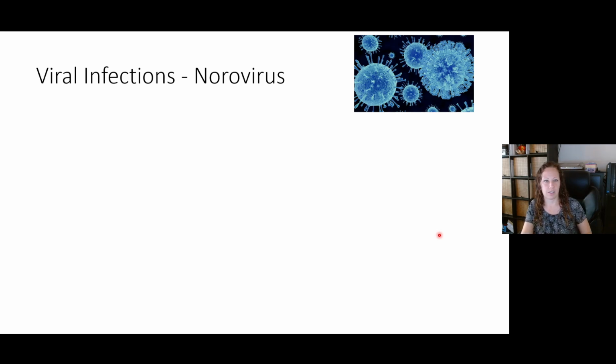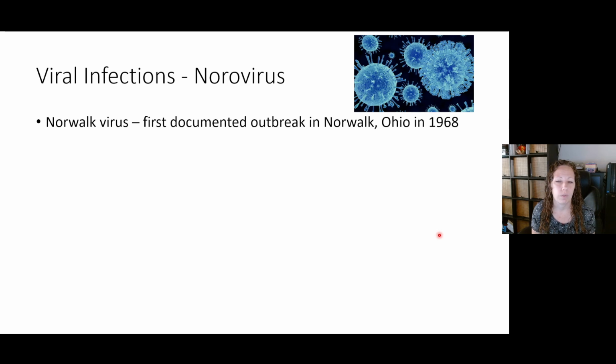Norovirus is probably the one that's most common that you've heard of. The first strain of this, the book calls Norwalk virus. Okay, I'm calling it norovirus because Norwalk virus is actually a certain strain of norovirus and not encompassing all of them. But it's called norovirus after this first documented outbreak that occurred in Norwalk, Ohio, in some school children in 1968.